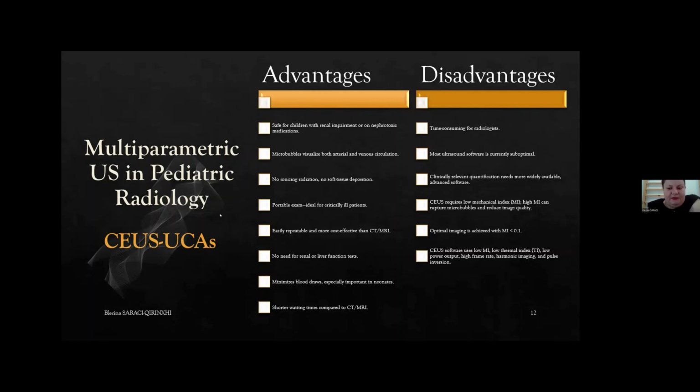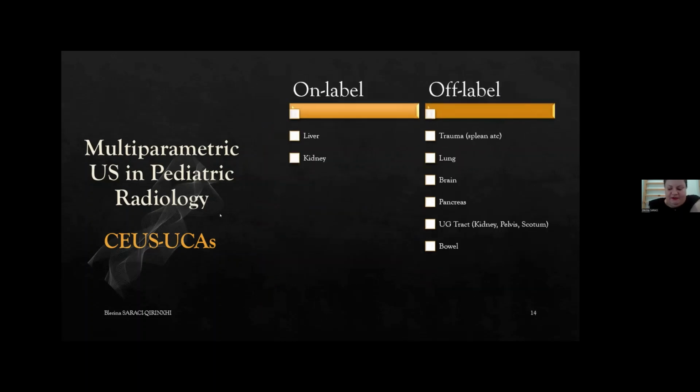Optimal imaging is achieved at about 0.1. CEUS software uses low mechanical index, low thermal index, low output power, higher frame rates, harmonic imaging, and pulse inversion.